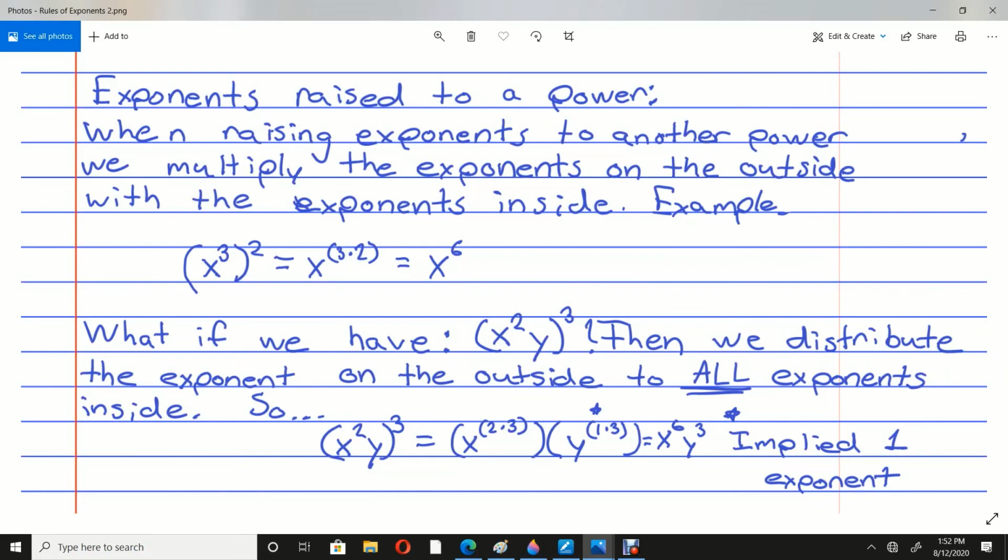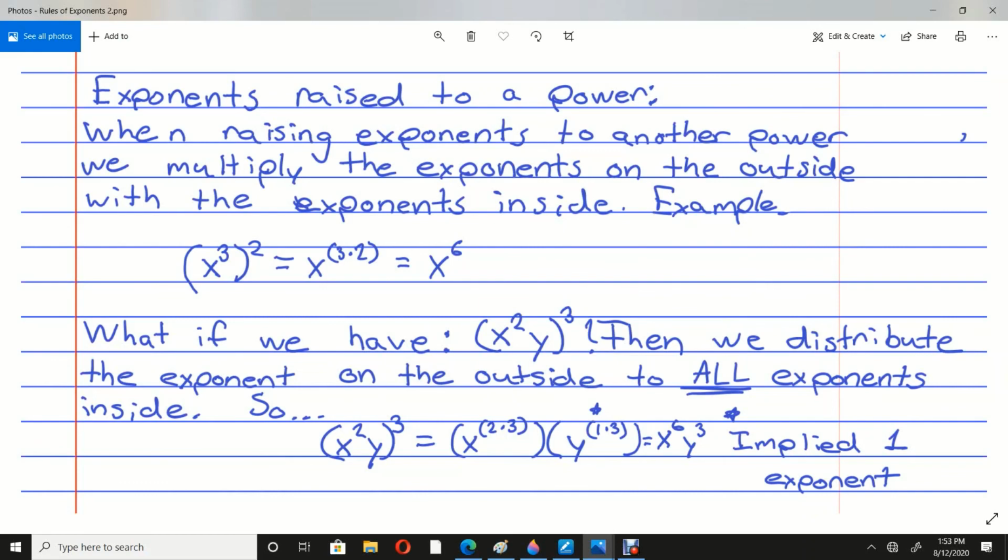So for example, we have x to the 3rd, squared, so it's x to the 3rd times itself twice, so we multiply x to the 3 times 2, which equals x to the 6th. What if we have a situation like this, where we have x squared y, so that's x squared times y, to the 3rd power.